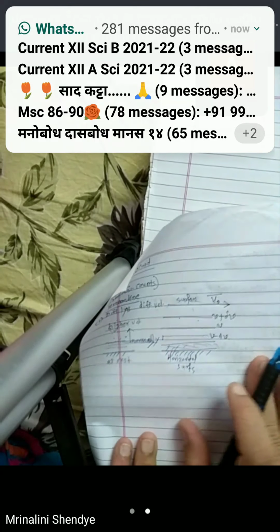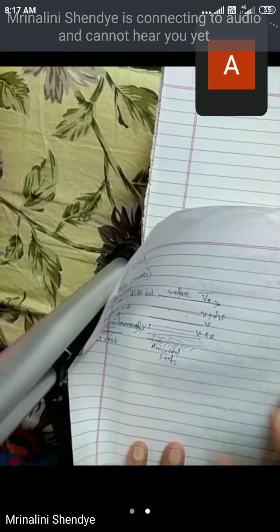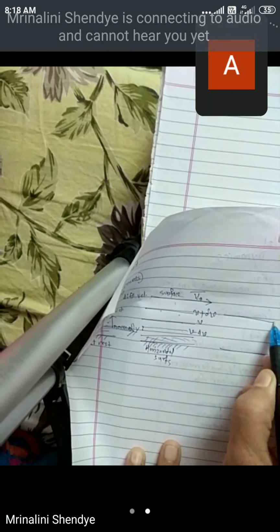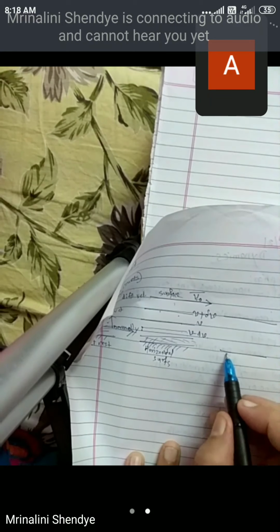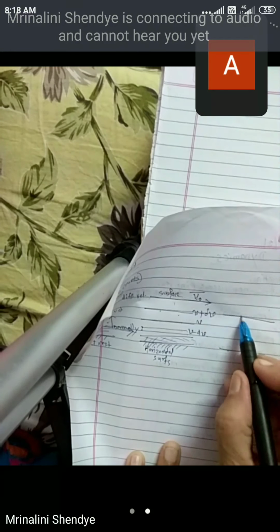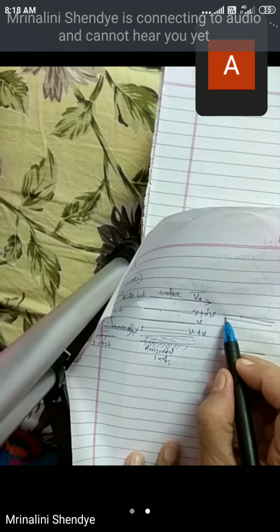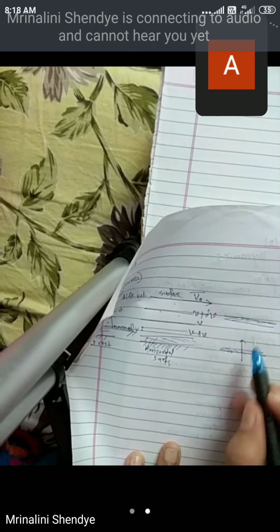This is not the case if the fluid is moving in a tube. ट्यूब में क्या होता है? The layers in contact with both sides of the walls of the tube are assumed to be at rest, and when you move inside from both sides, the velocity gradually goes on increasing.